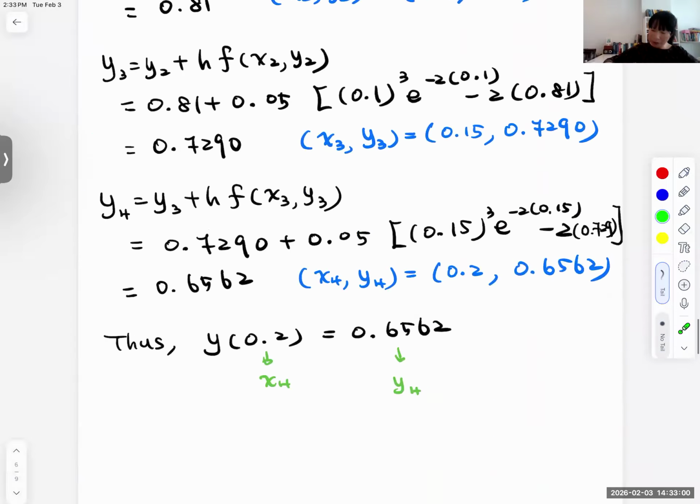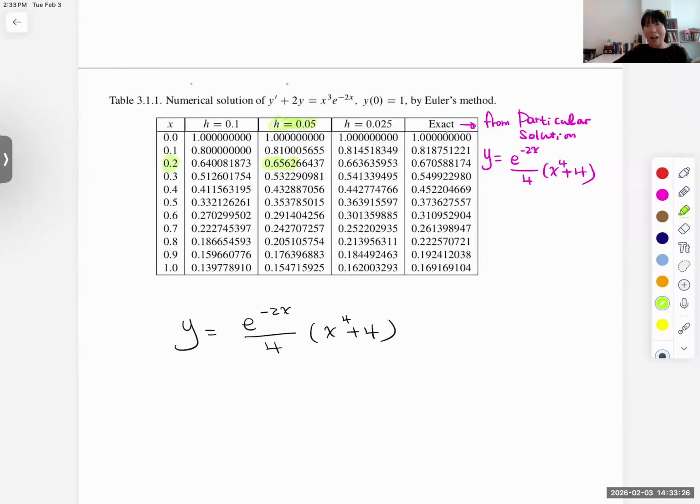When x equals 0.2, we had 0.6562, right? We found that just now. Let's find out how closely the Euler method approximation matches the original exact solution.